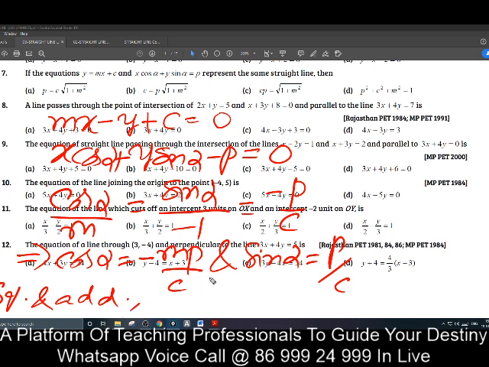Anyone? Can you tell me the answer? Cos square alpha plus sin square alpha is 1, so m square p square by c square plus p square by c square. So what is the answer? Just check it out. He has taken the square root of it.